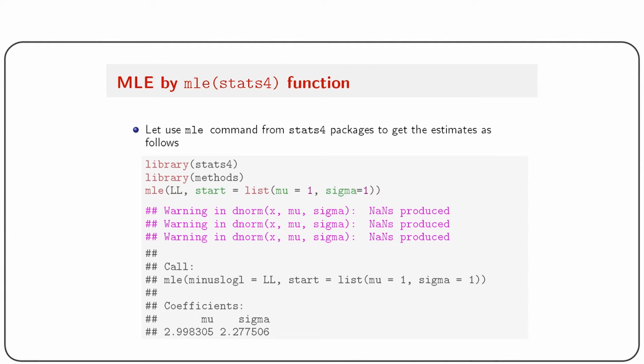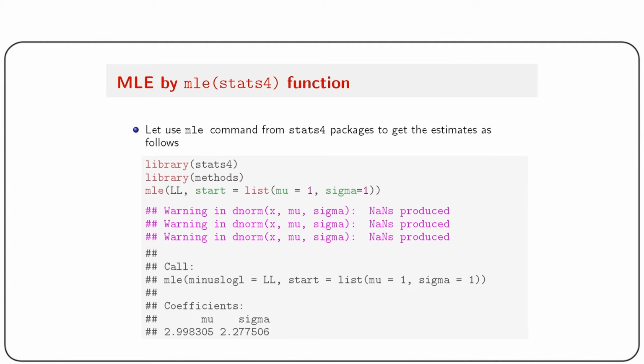Let us use the mle command from the stats4 package to get the estimates as follows. First load the library stats4. You may not need to load methods, but sometimes stats4 may not work, I mean mle may not work without methods, though it should be loaded automatically.